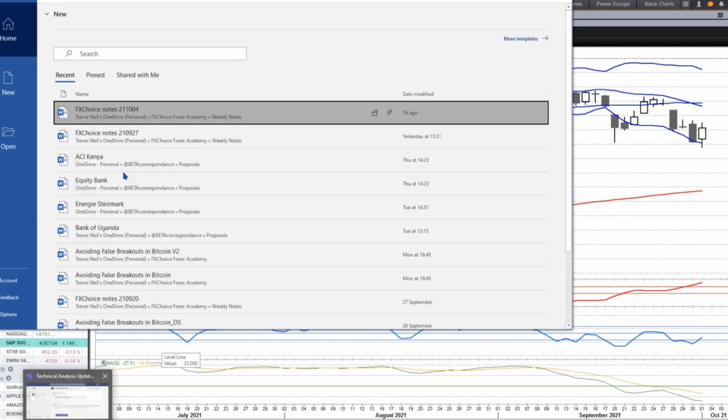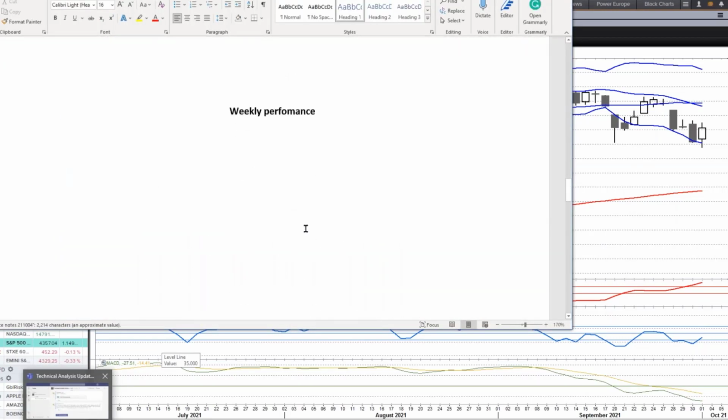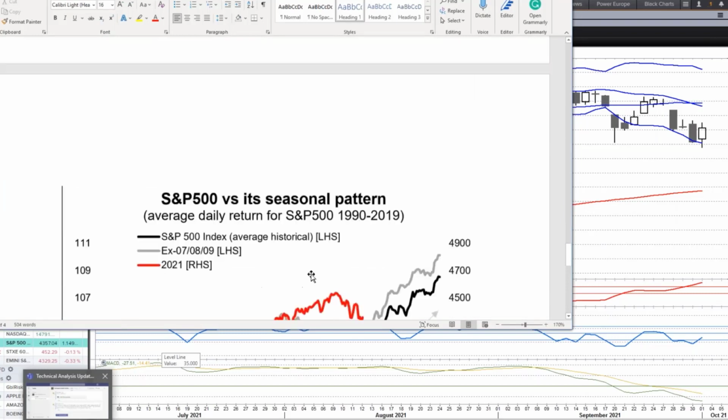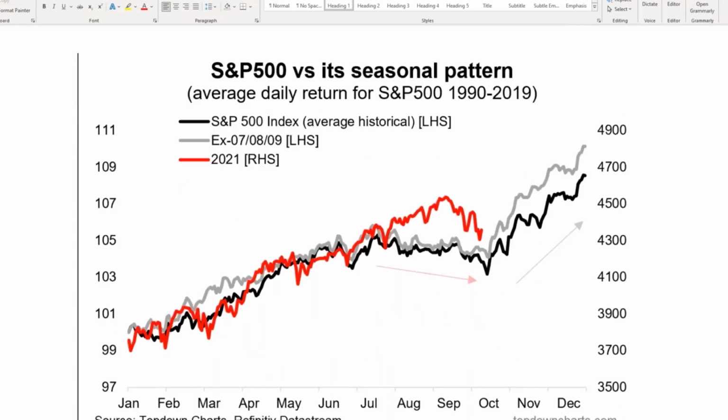So here it is. And I'm hoping, Dan, that you can see. Yes, we're looking. So this is an updated version of the chart which I showed you initially back in August.